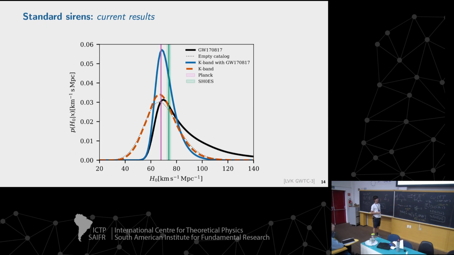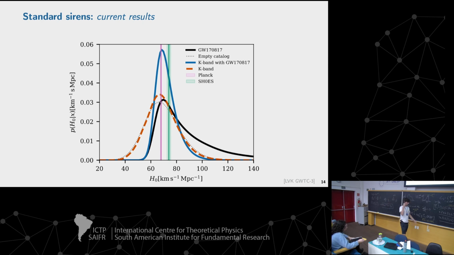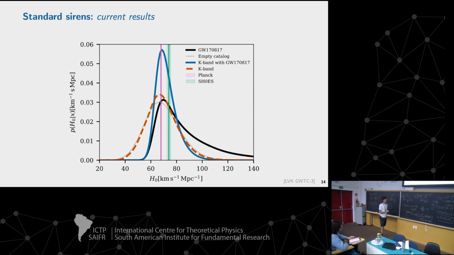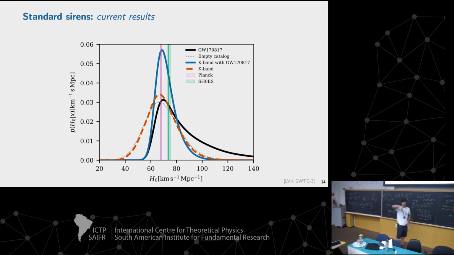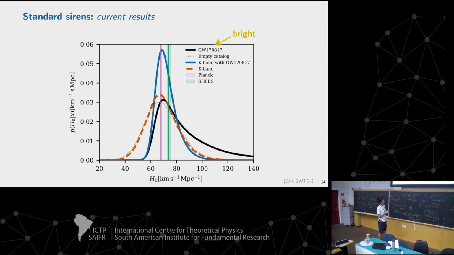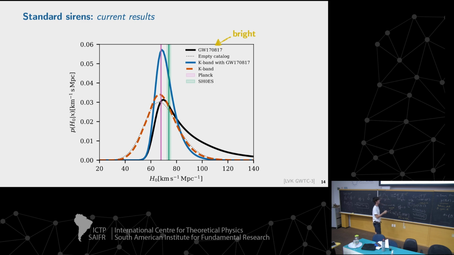But the important thing is that we have evidence that this is growing. So I think I had a bunch more things, but I will put the slides on the repository so you can have access. But maybe I just want to finish by giving you the current constraints on the Hubble parameter for the different standard siren methods. So here, GW170817 is the only event in which we have been able to use the bright siren method, and it is this line over here.